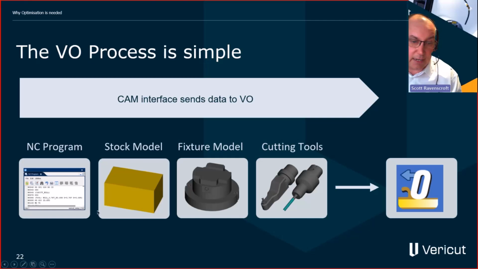So all of this data will be sent to Optimizer. There's very, very little work to do to get you running in the software. If you have a CAM system and you've created these things already, there's no need to do that work twice. We can put an interface inside your CAM system to utilize that data that you've already created.